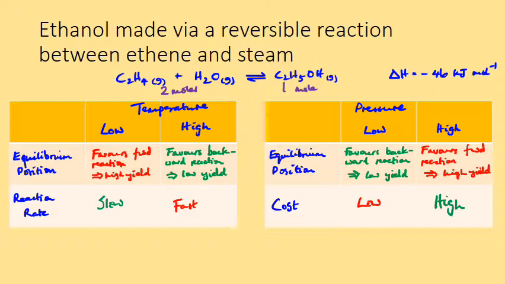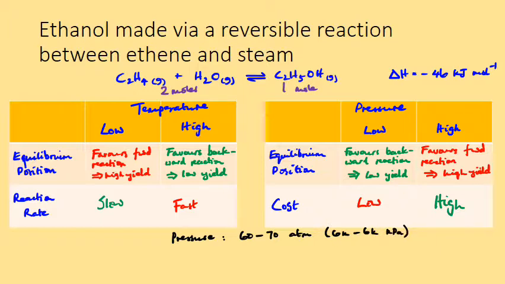And in this case, in industry, ethanol is made with a pressure of about 60 to 70 atmospheres, and 1 atmosphere is about 100 kilopascals, so that's about 6,000 to 7,000 kilopascals.